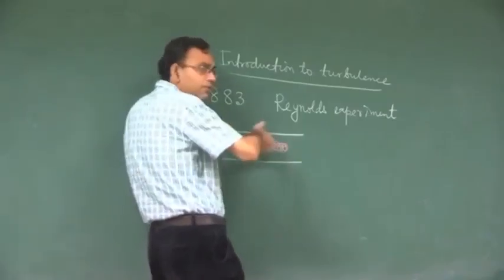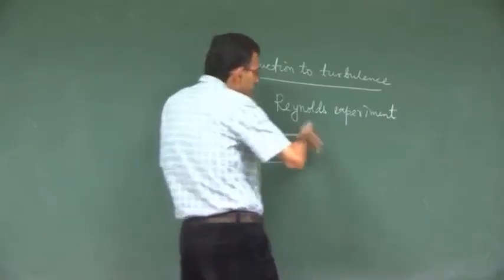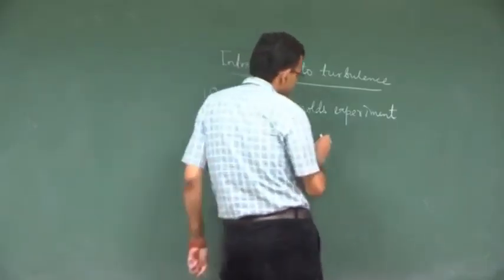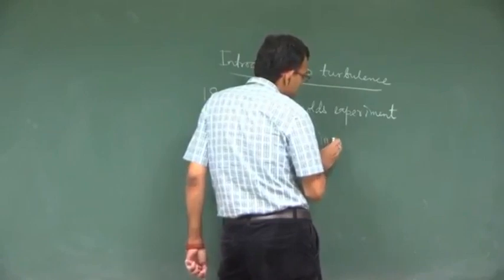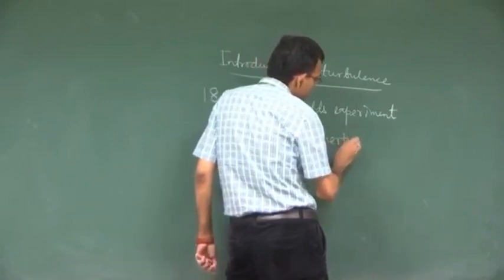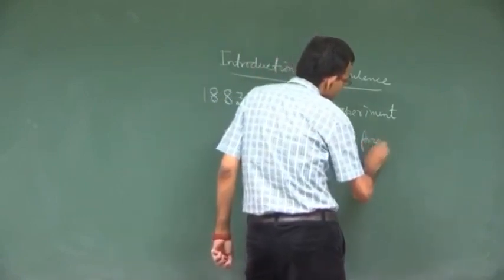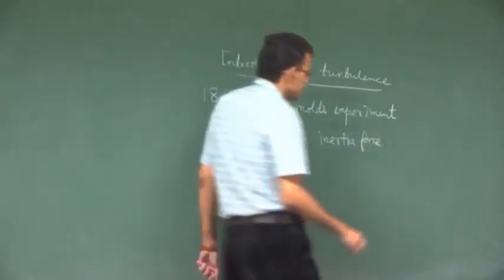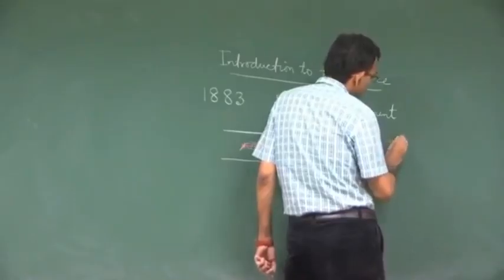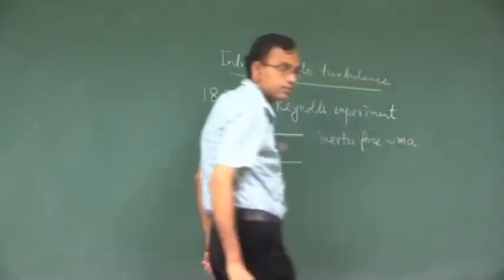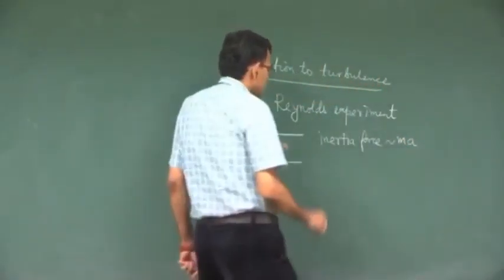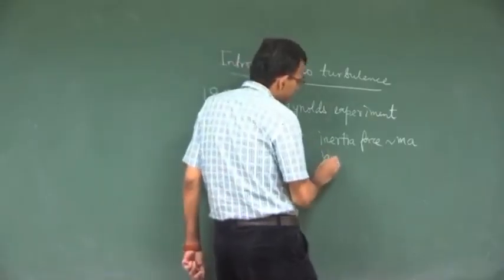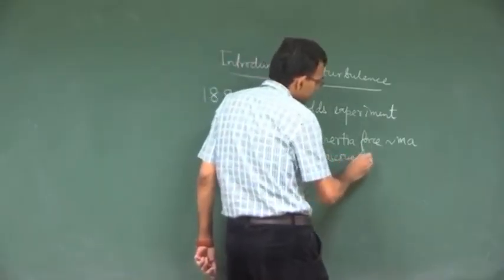There is a driving influence, which in this case is inertia force, which is the accelerating component. So, inertia force is of the order of mass into acceleration, and there is a resistive force which is viscous force.